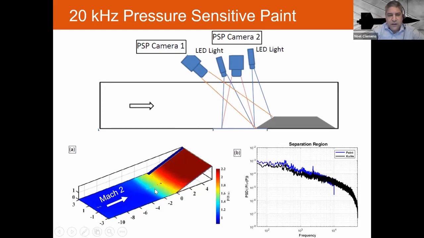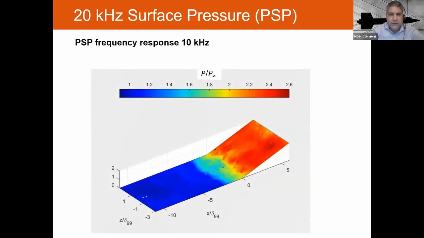So we have measurements on the floor of the tunnel and on the ramp face. This shows the frequency response compared to Kulite transducers, and it works pretty well up to about 10 kilohertz. We're sampling with a framing rate of 20 kilohertz, above the Nyquist.